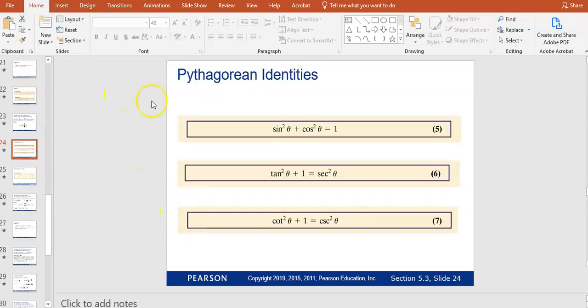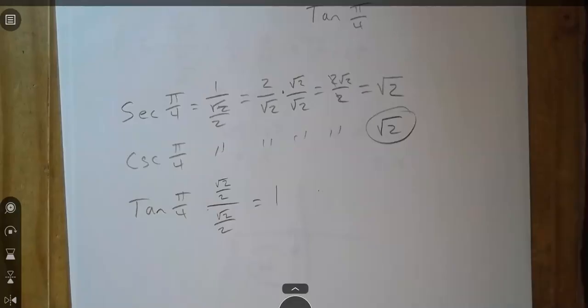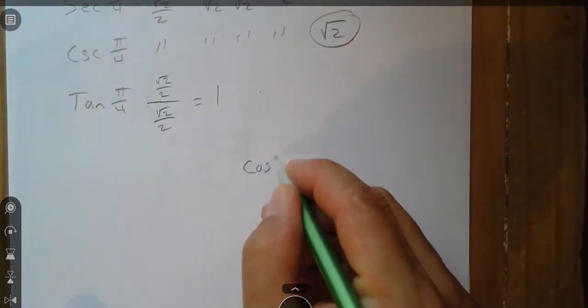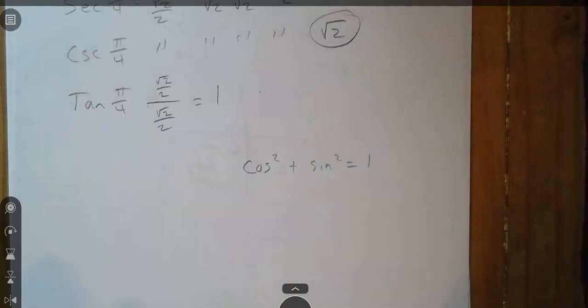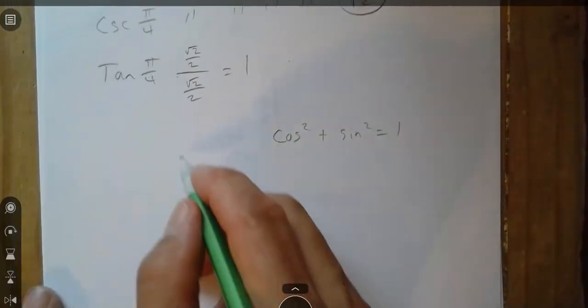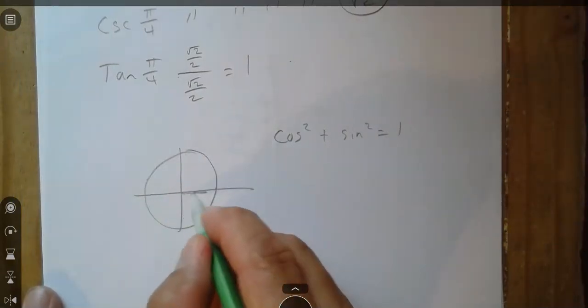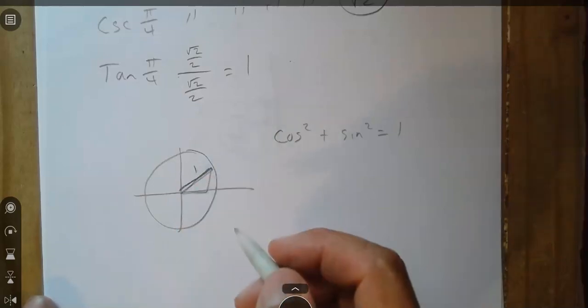Okay, let's look at our Pythagorean identities real quick. First of all, cosine squared plus sine squared equals 1. That's our Pythagorean identity. Why? Because in our unit circle, our x and our y, what is our radius? Our radius is always 1.